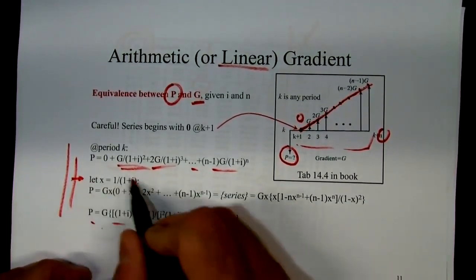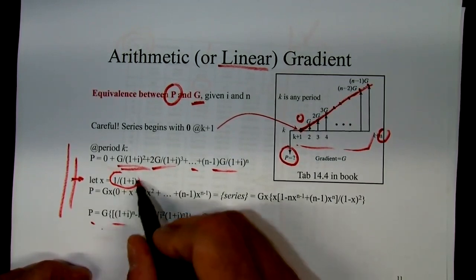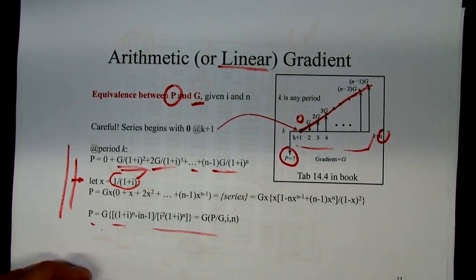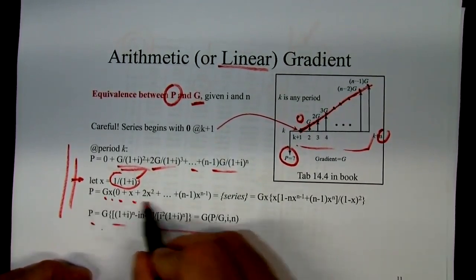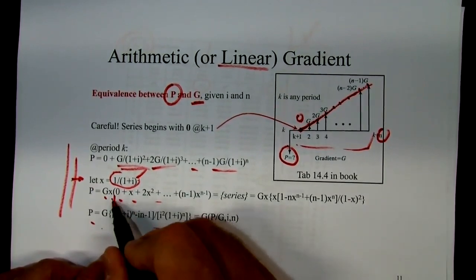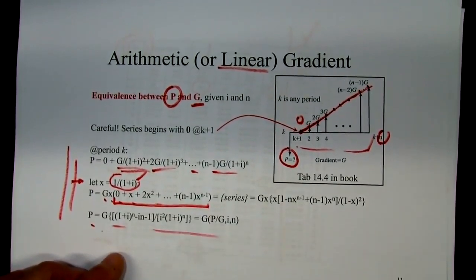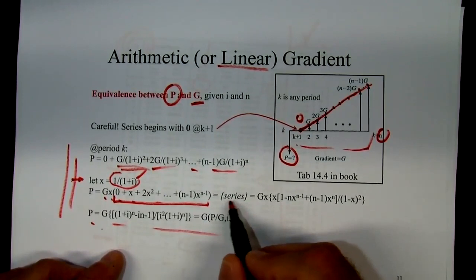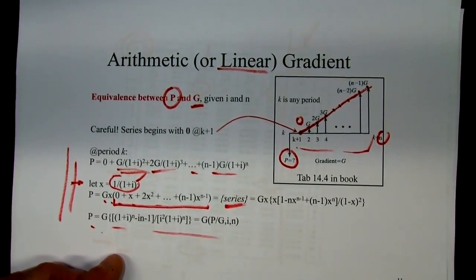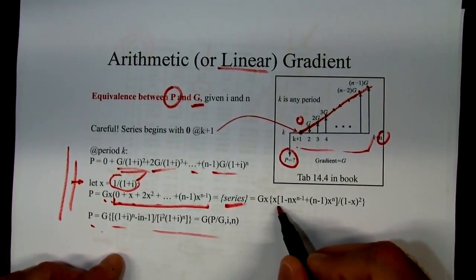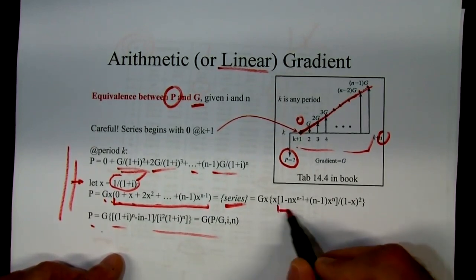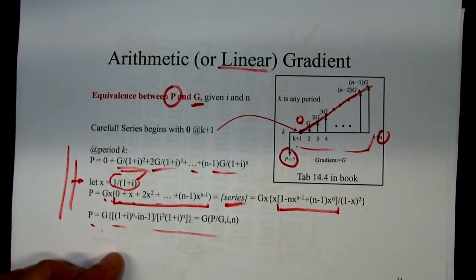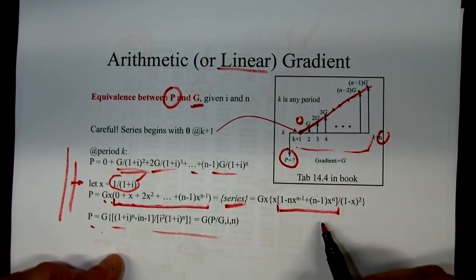If you call x this amount, you can put the x into your original formula, and then you recognize that this part in parentheses is a known mathematical series, which can be written also in this format, in a more compact form.